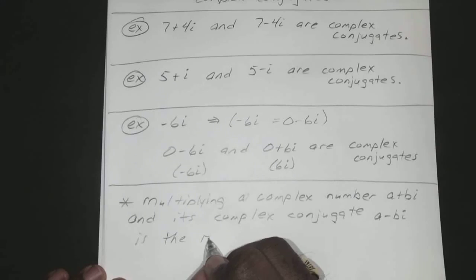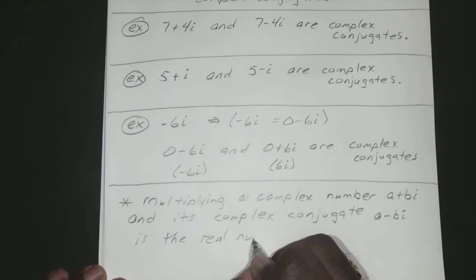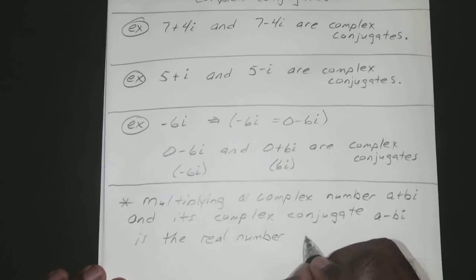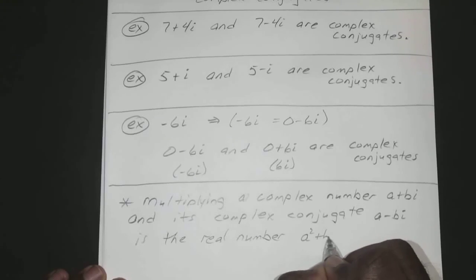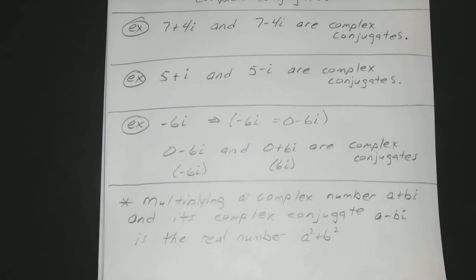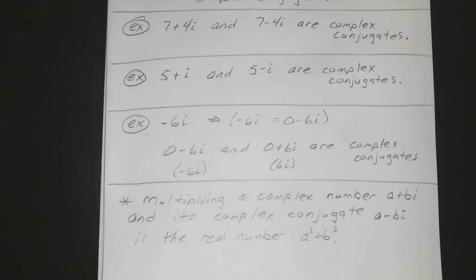So is the real number a squared plus b squared? Now, with the difference of squares applying to real numbers, it would have been a squared minus b squared. Well, for complex numbers it is a squared plus b squared.